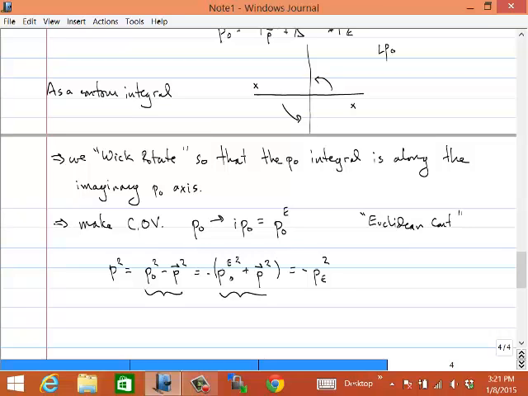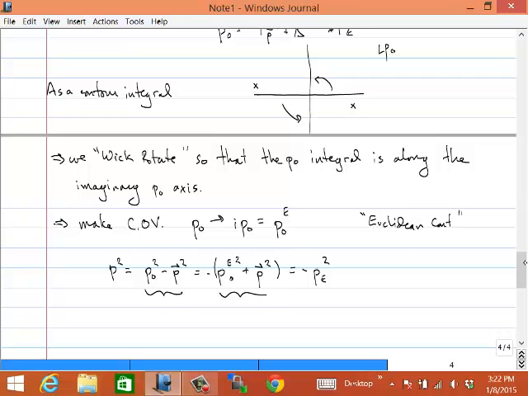But at this point, as far as what we're doing for the computation of loop integrals, all we're doing is computing this integral by cleverly manipulating contours. We've just noticed that the location of the poles is such that we can rotate our contours in this way and turn this into an integral that's much easier to do.